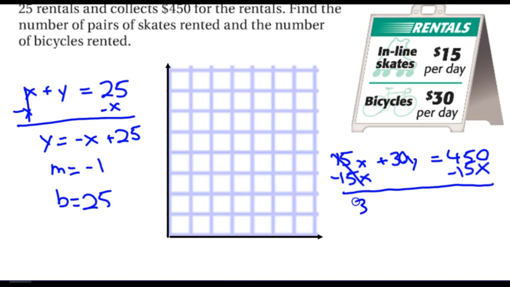We get 30y equals negative 15x plus 450. Now I'm going to divide by 30.